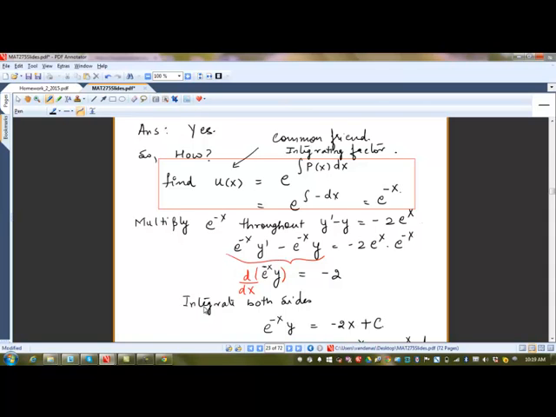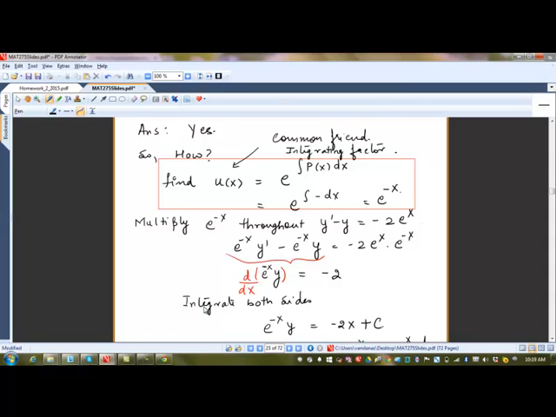The left hand side always gets combined. This is the real magic which happens. It combines these two terms and makes it a separable differential equation, which you can integrate both sides and solve for y. That's it.